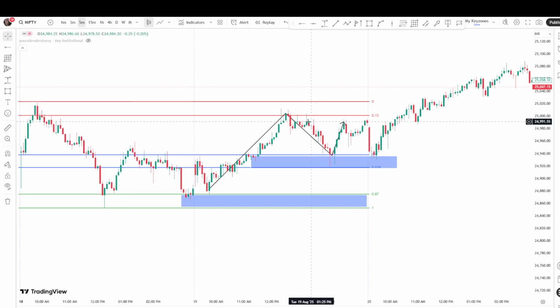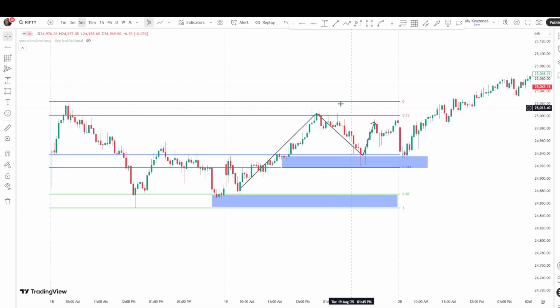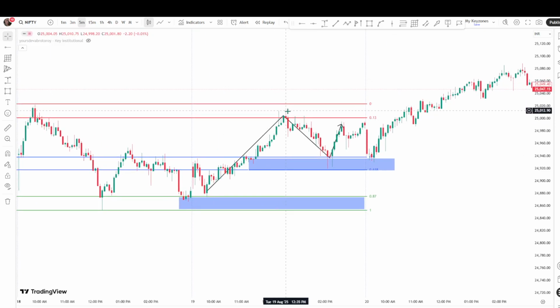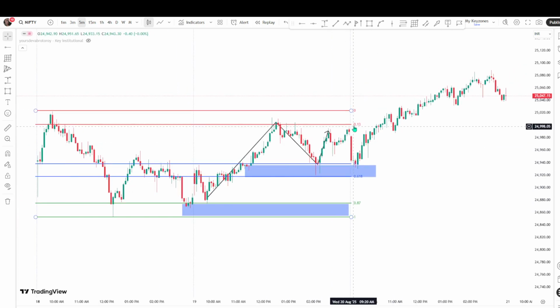Now we saw this supply area, the first supply zone, it went down. The second point, it went till here, and today's opening, around this level, it again went down and took support from this equilibrium point and went all up.